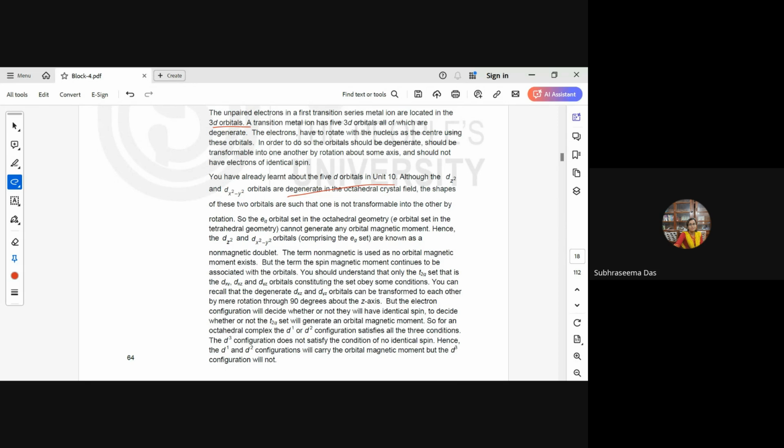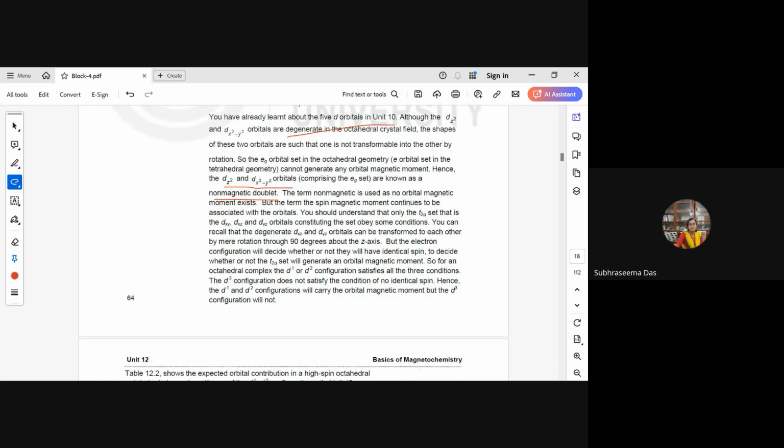Hence the dz square and dx square minus y square orbitals, that is the eg set in the octahedral field, are called a non-magnetic doublet. Non-magnetic is used because no magnetic moment arises out of orbital spinning. But the spin magnetic moment is still there, because the electrons spin around their own axis, although they do not spin around the orbital. That is why mu_S is still present here.